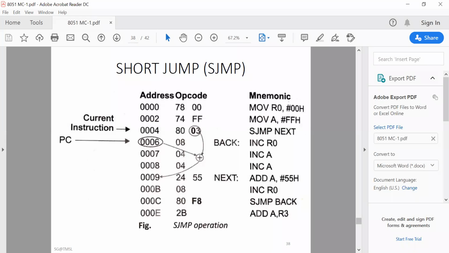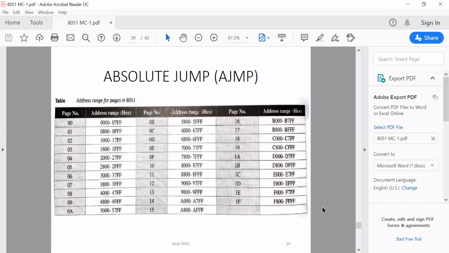Now the next one is the absolute jump. The absolute jump instruction logically divides the entire program memory into 32 pages of 2 kilobytes each, and the address range is given in this way.